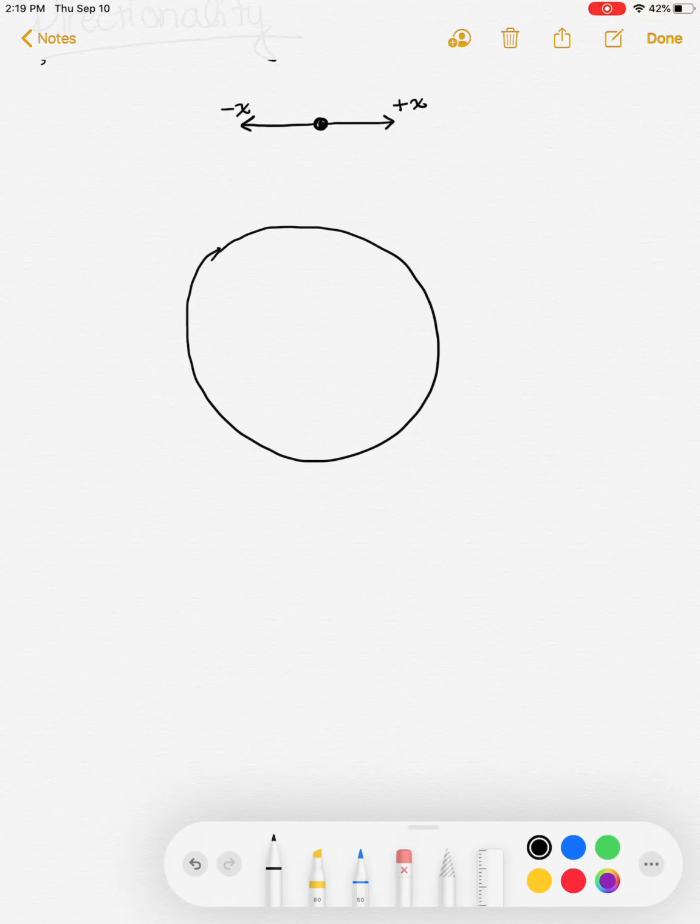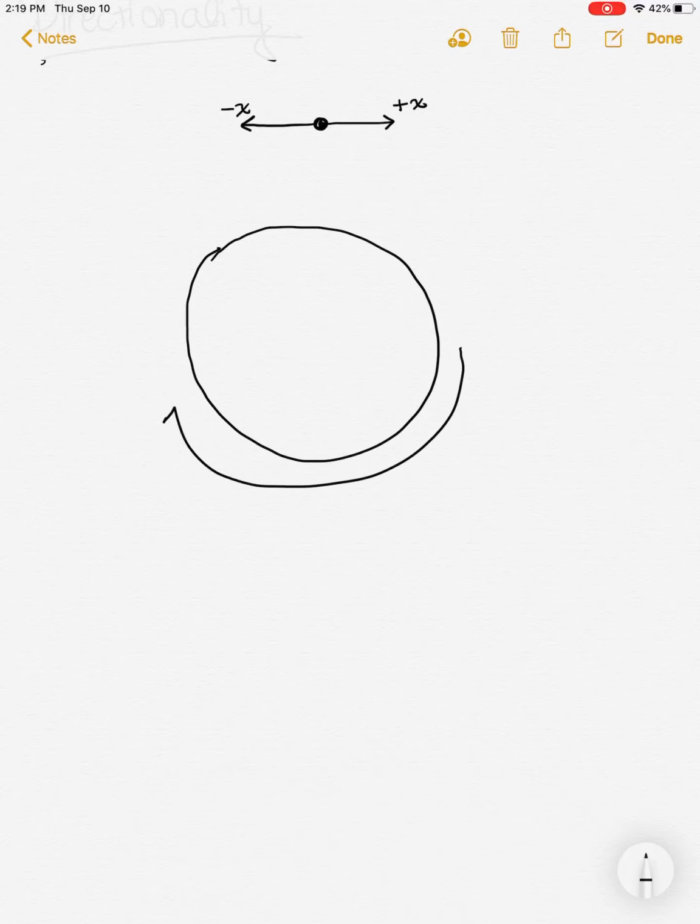So I can say with 100% certainty whether or not something is rotating clockwise, which we'll abbreviate CW, or if it's moving the other way, it's counterclockwise. So counterclockwise is a little weird. It's going to be in the positive direction, and then clockwise is going to be in the negative direction.